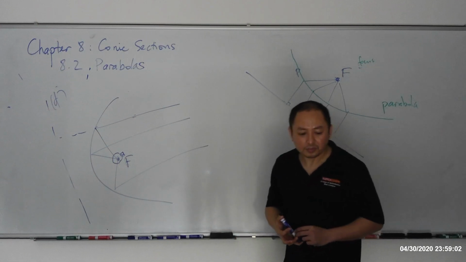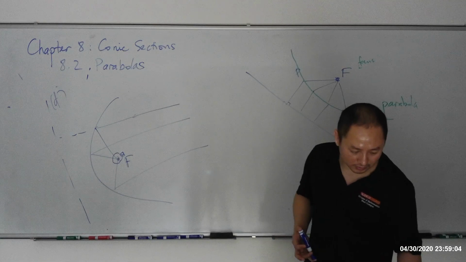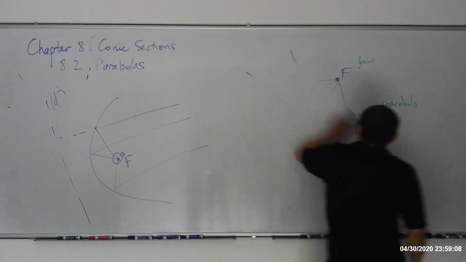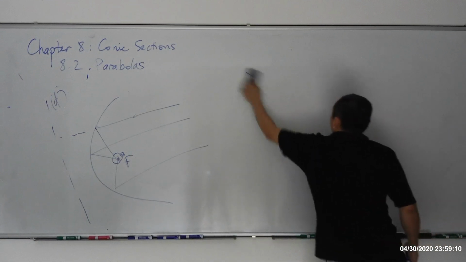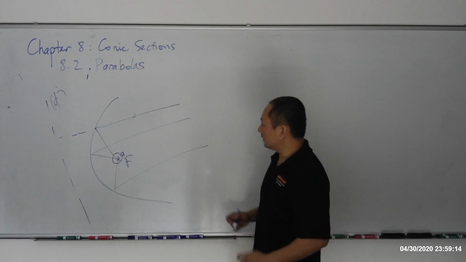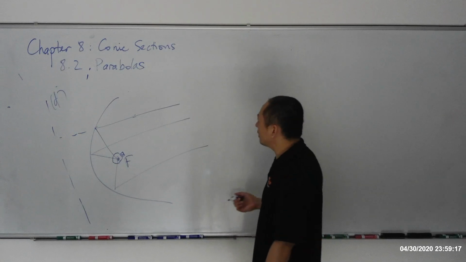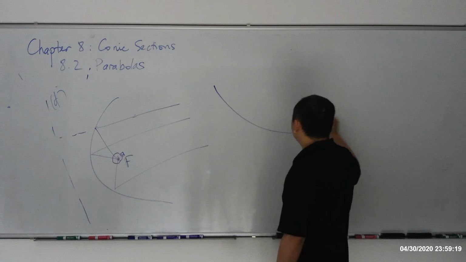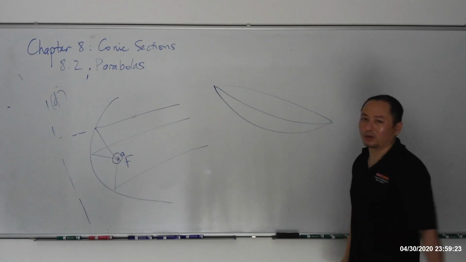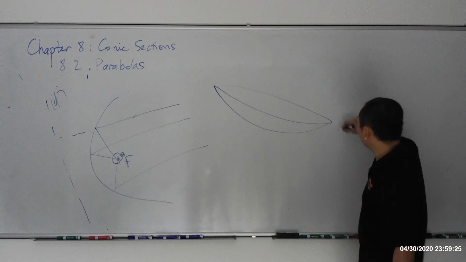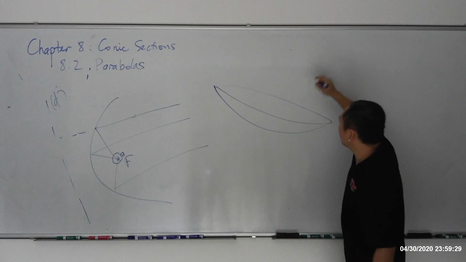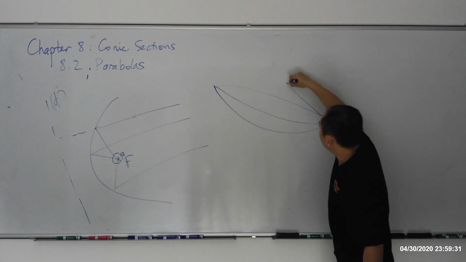Let me see if the book gives any other application of it. Oh yeah, one more. Say you have a TV satellite dish. It's literally a three-dimensional parabola, called a paraboloid. Your dish points into the satellite, and you see some stick like this.